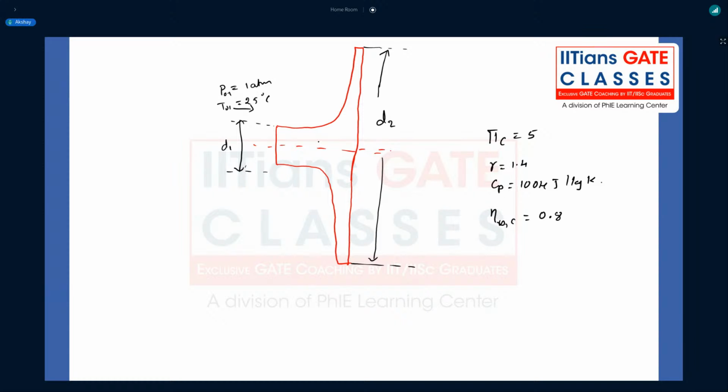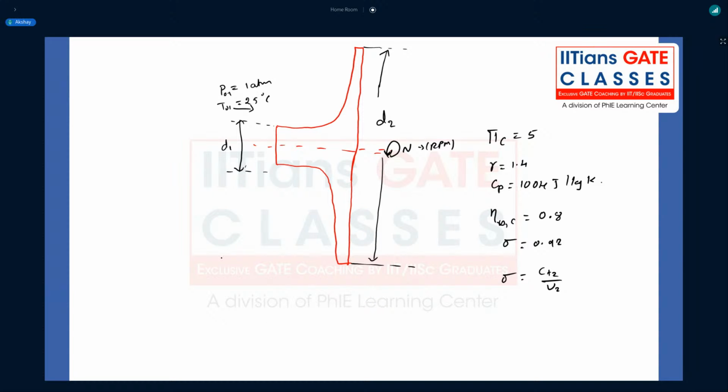All they are asking is the revolution per minute. So N, RPM, right? They have also given the slip factor 0.92. What is slip factor? That is going to be CT2 divided by U2, right? That is given. So now you see this question very carefully.